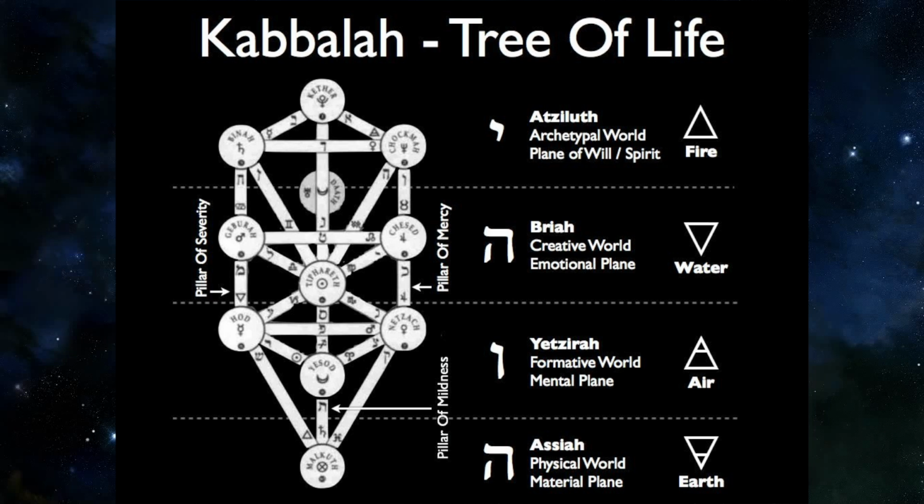So these four worlds are all different aspects of the individual, and it represents basically Asiyah, the physical world. That represents what we have, our physical attributes, the situation we might be born into, what resources we have in the world. It could correspond with money. It could correspond with what our basic talents are.